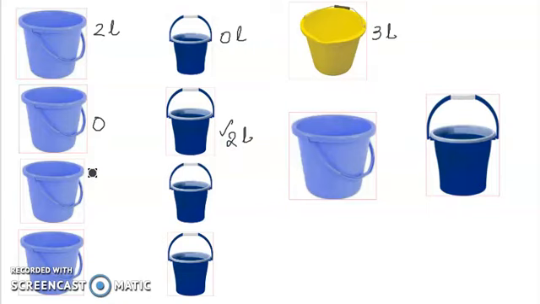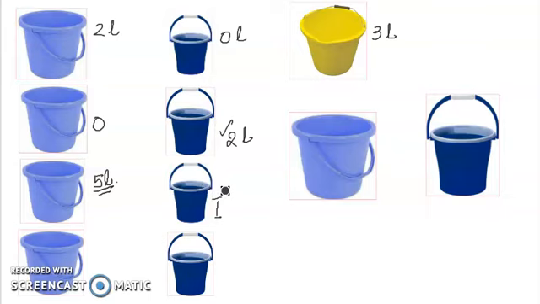In the next step, we will fill this with 5 liters of water. Because the volume it can contain is 5 liters, so we will fill up. This is now empty bucket, so we will fill it with 5 liter. And remember, in the previous step we had only 2 liters, so we will fill this up.